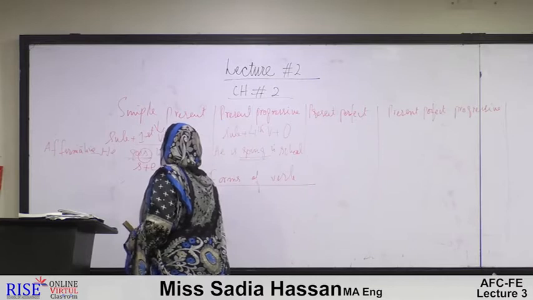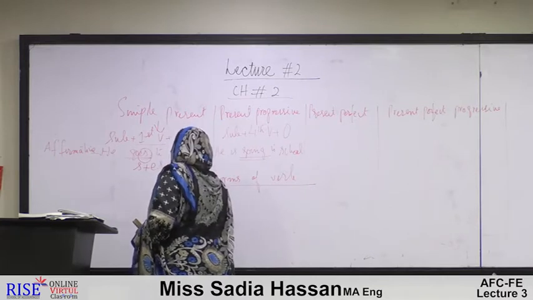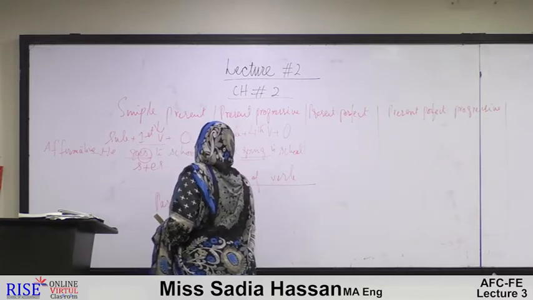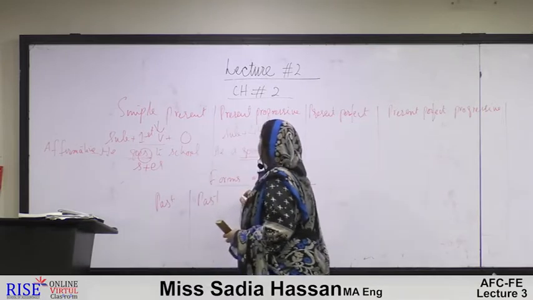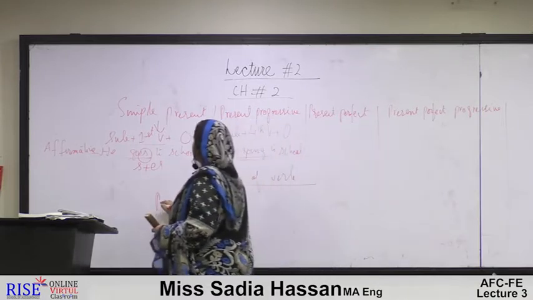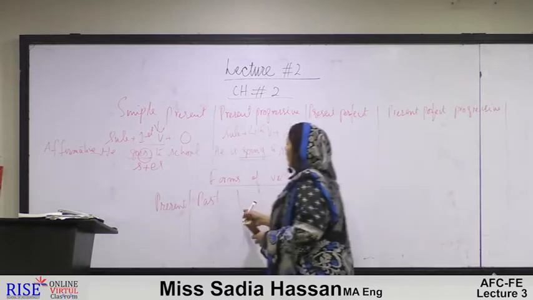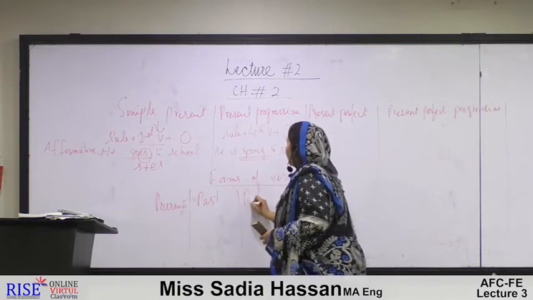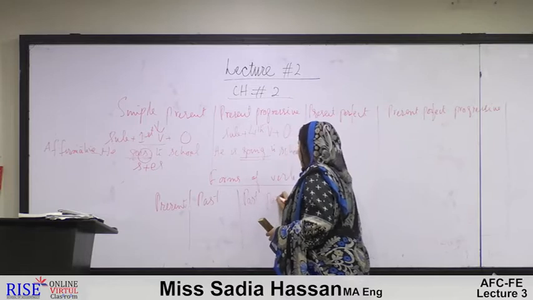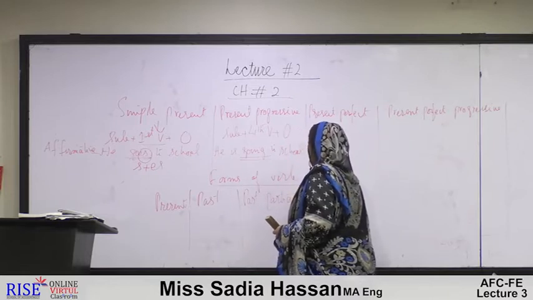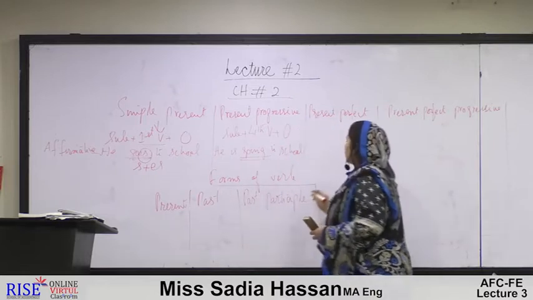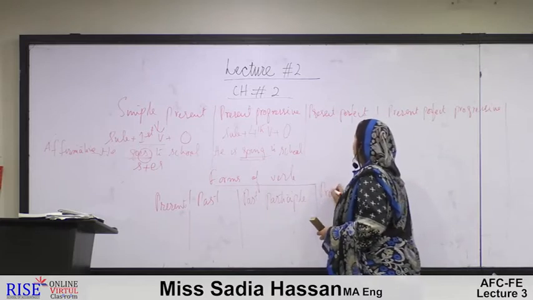We see there are actually 5 forms of the verbs which are being used in grammar. The first is called present. Second is called past. Third is called past participle. Fourth is called present participle.